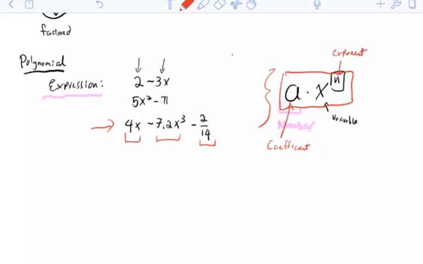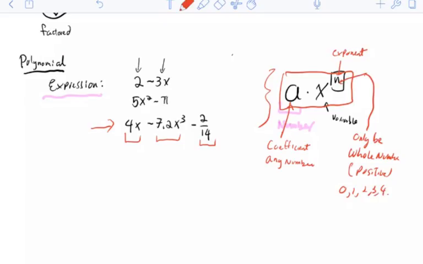By the way, this coefficient can be any number, but the exponent here can only be a whole number. It's got to be positive. So 0, 1, 2, 3, 4, any such numbers.